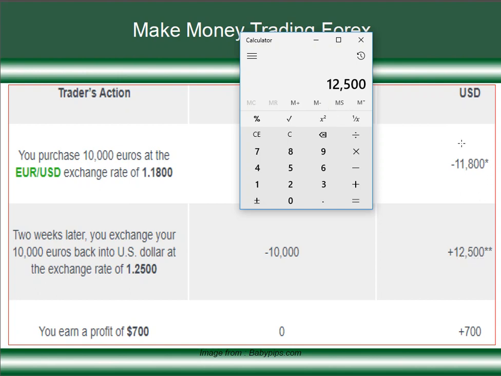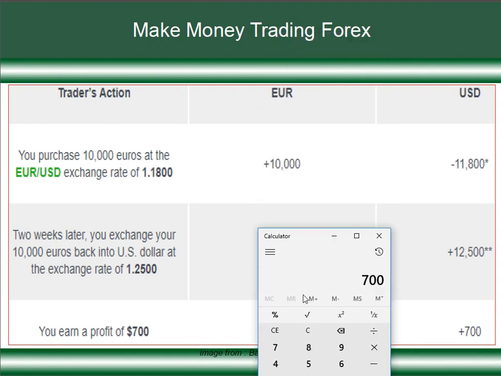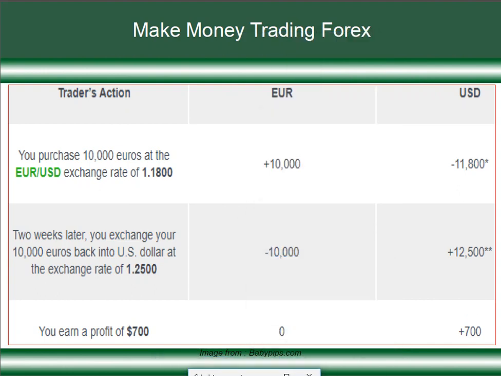Remember, initially I had $11,800, but now I have $12,500. If I subtract the previous amount, I would end up with $700. So through this foreign exchange, through this exchange of USD for euro or euro for USD, I've ended up with a profit of 700 US dollars.